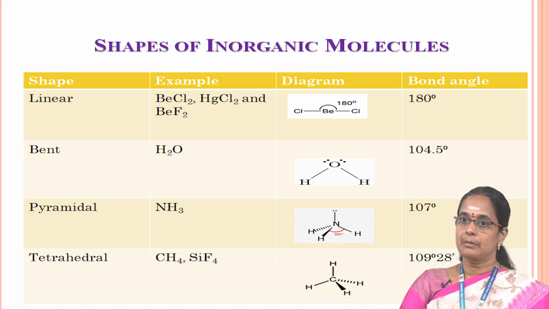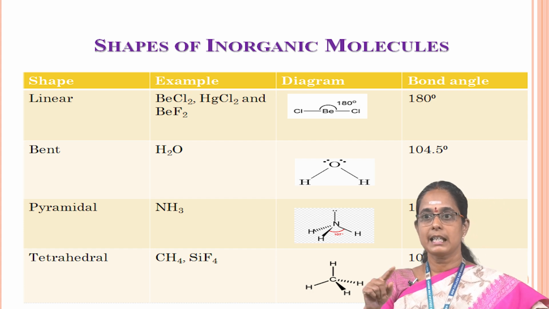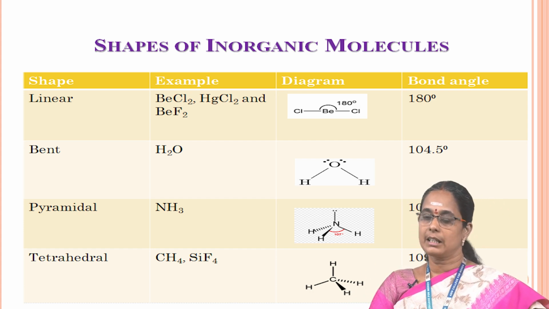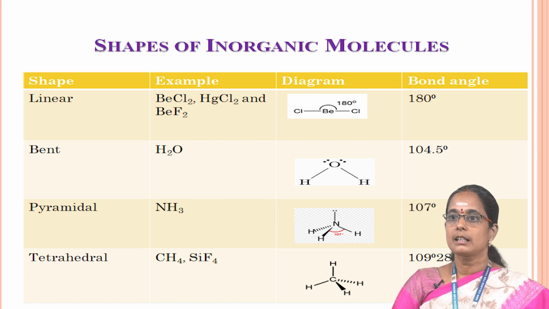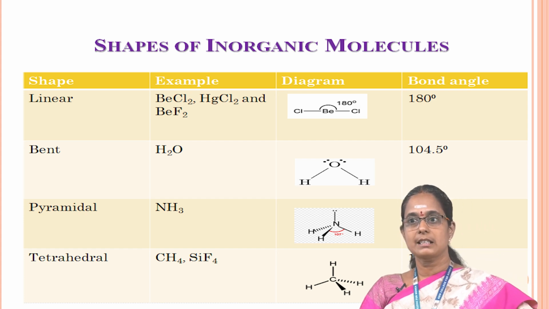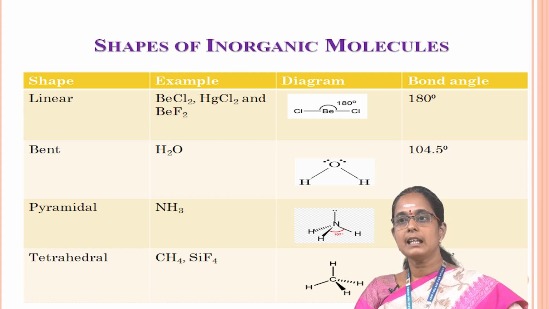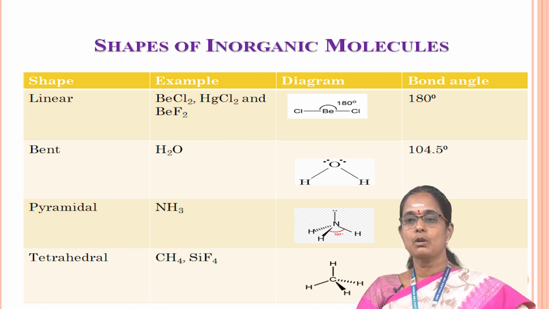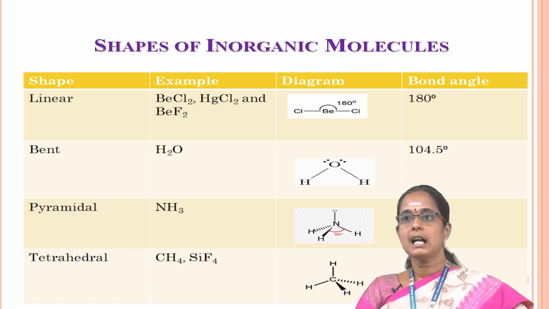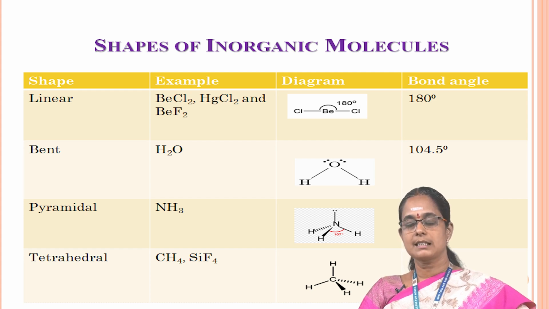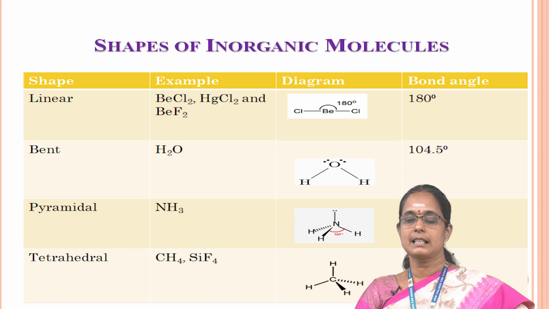The angle Cl-Be-Cl is 180 degrees. These are the other two examples, HgCl2 and BeF2. Be is the central atom for beryllium fluoride, and in mercury chloride HgCl2, mercury is the central atom.